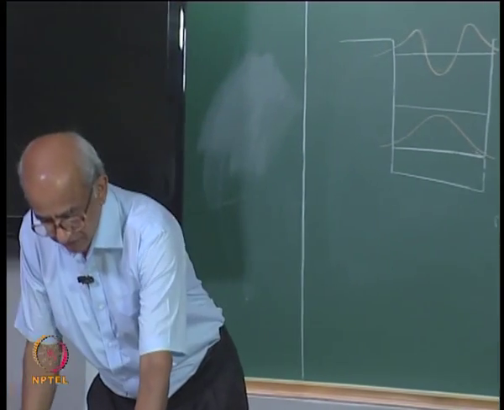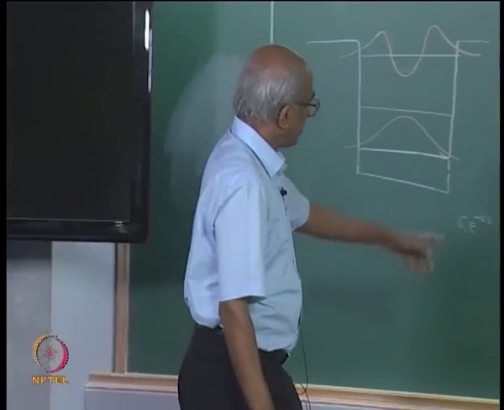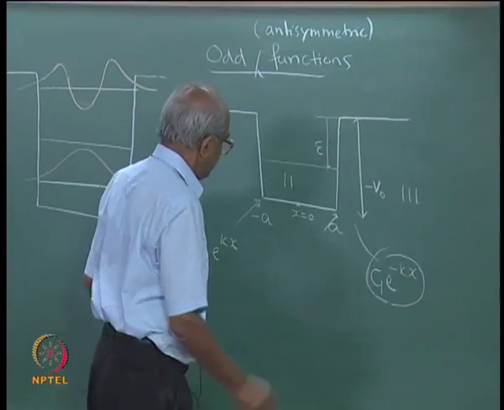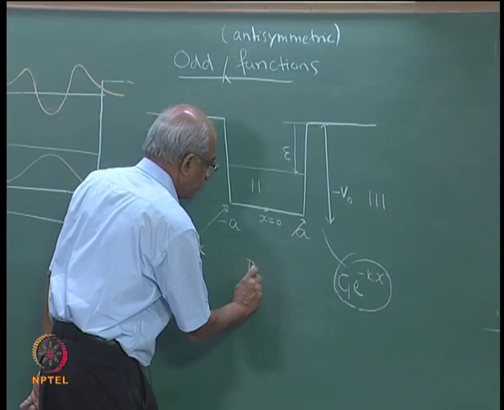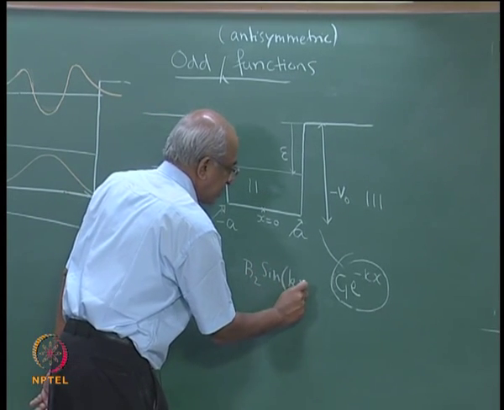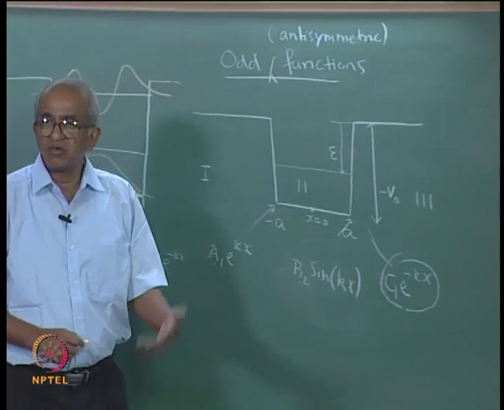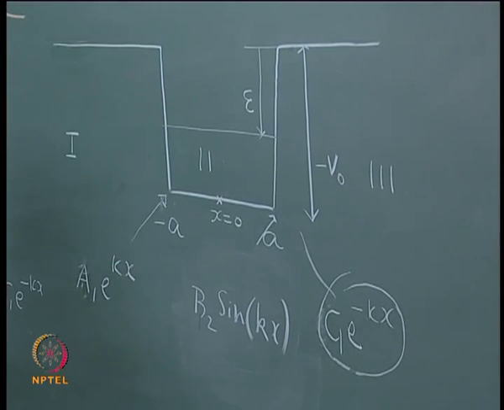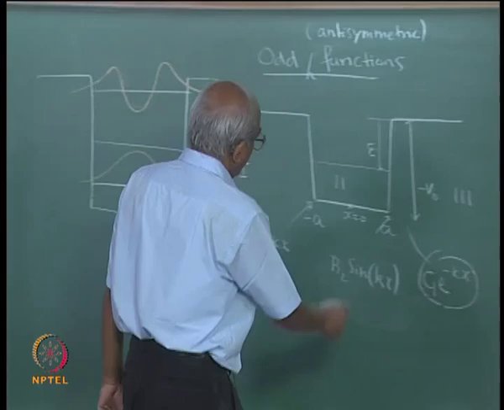So, if that was the way the wave functions were, then right in the middle the function would have the form b2 sin kx; the other cos kx term cannot be there because your wave function is antisymmetric. If you replace x with minus x, the function has to change sign. Then you will have to impose the boundary conditions.